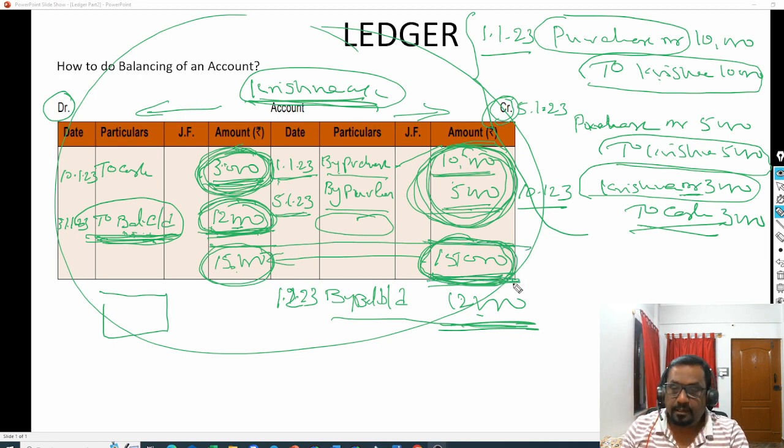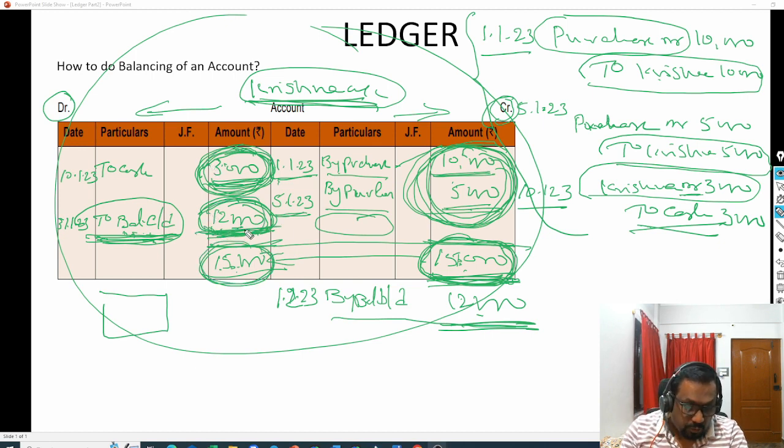On the exactly opposite side, same line, you need to put the same total. Whichever side is higher, that you have totaled, the same amount you need to put in debit side. Once you put this amount as 15,000 here, you need to subtract this 3,000 from this 15,000. How much did you get? 12,000.